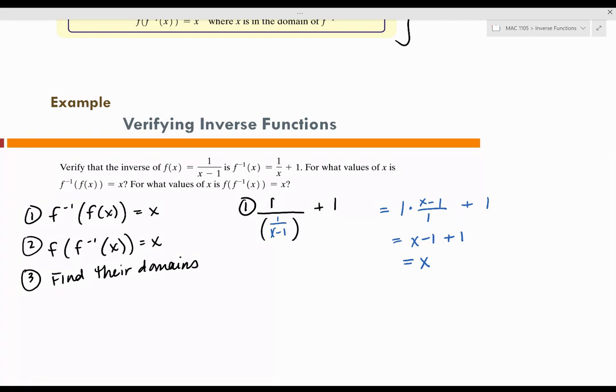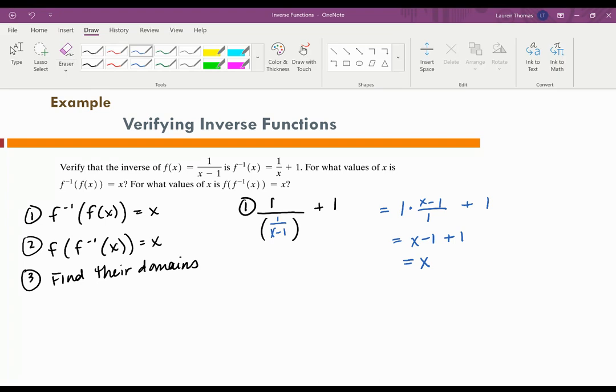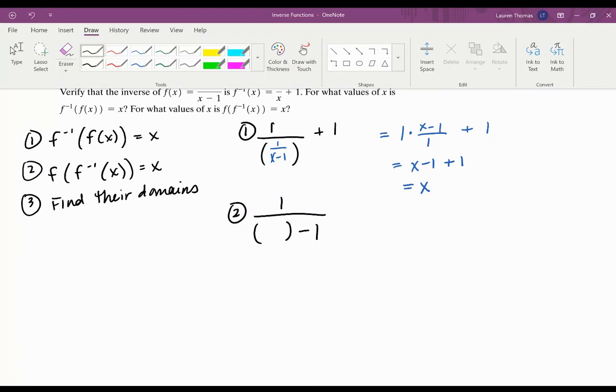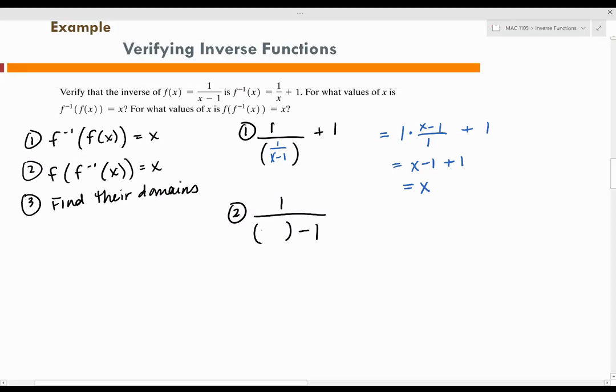So let's try the second one, where we put the inverse inside of f of x. All right, so let me change black to a color. So for number 2, I'm going to write f of x, 1 over, with parentheses where I want the other function to go, minus 1. And in that parentheses, I'm going to put that inverse, so 1 over x plus 1. And now I'm going to simplify.